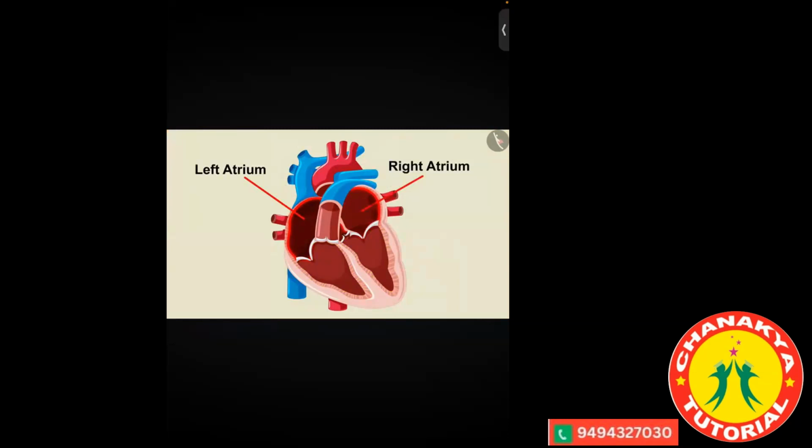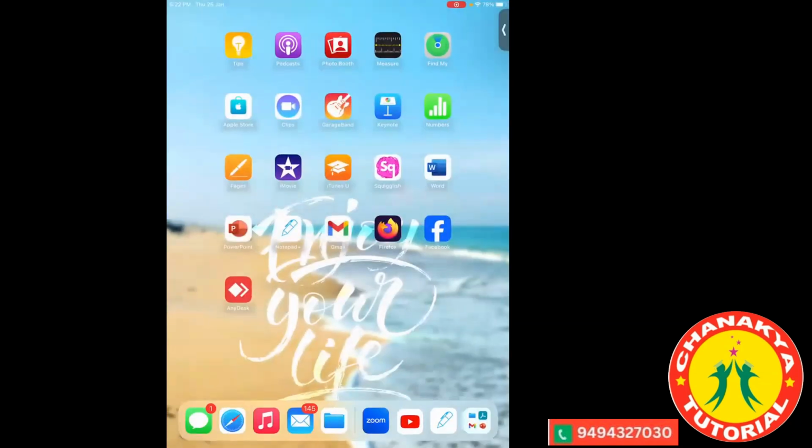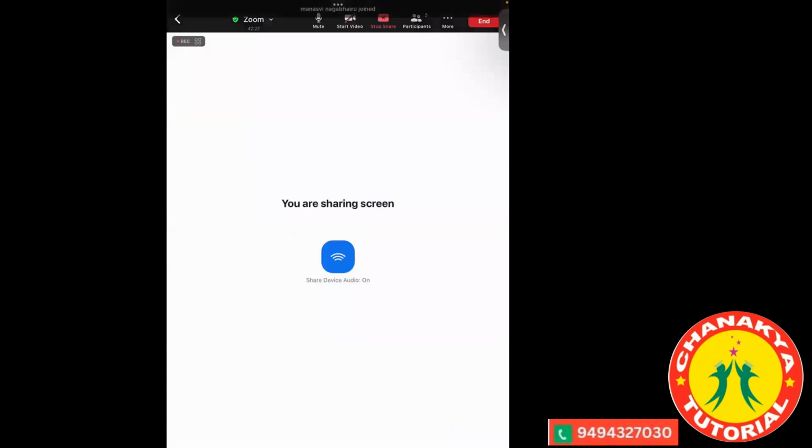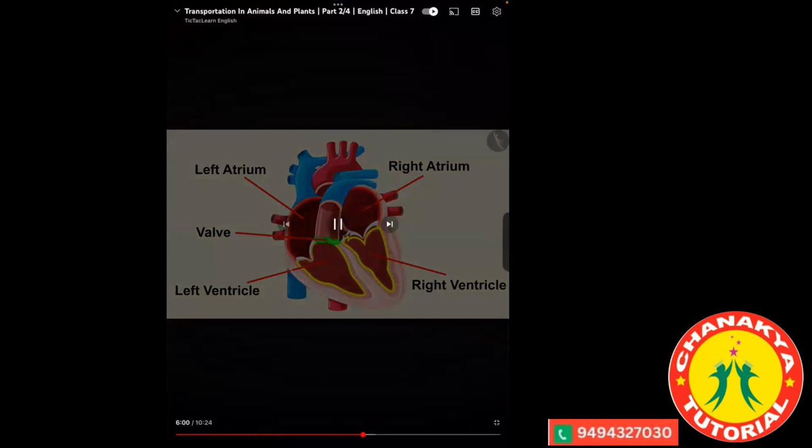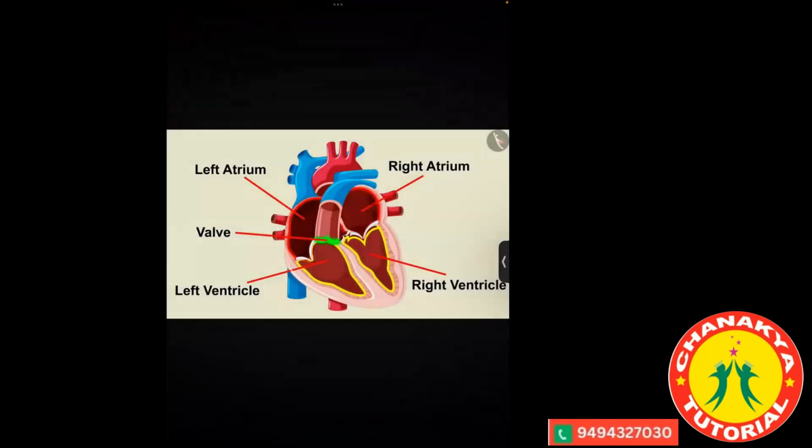There are 2 floors in the lower floor also. These are known as ventricle. Look, left ventricle and right ventricle. There is a door-like valve between the ventricle and the atrium. Because of this valve, the oxygenated and deoxygenated blood do not get mixed up.